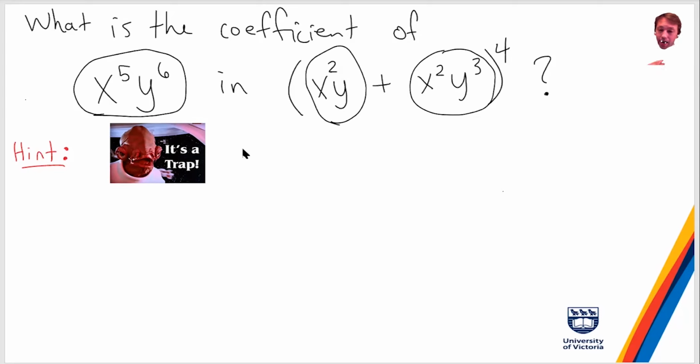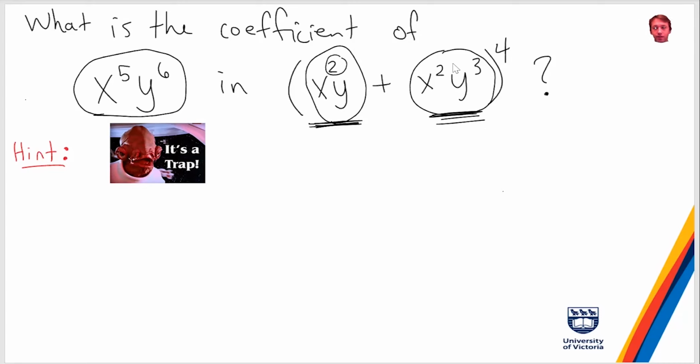Here you can recognize immediately that you cannot make this term from multiplying things like this and things like this. You just can't do it, right? Because I want the exponent of x to be 5. That's an odd number. No matter what I do, if I combine x squared y with a bunch of x squared y cubes, that's what you're going to get when you expand this, right?